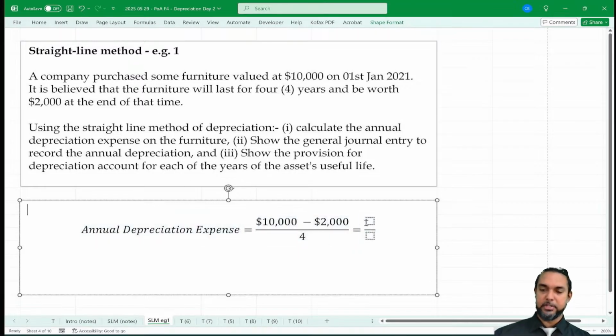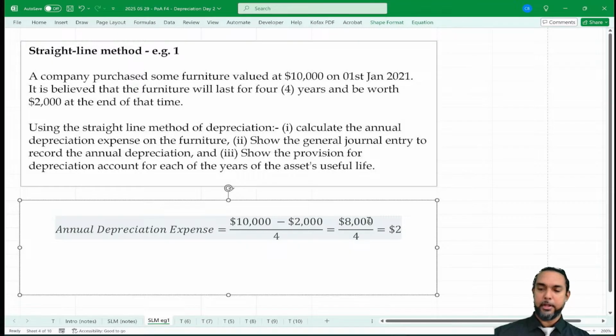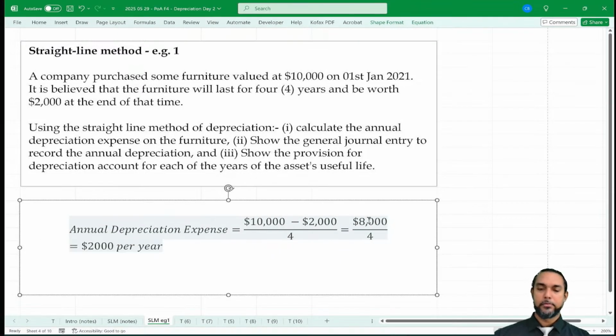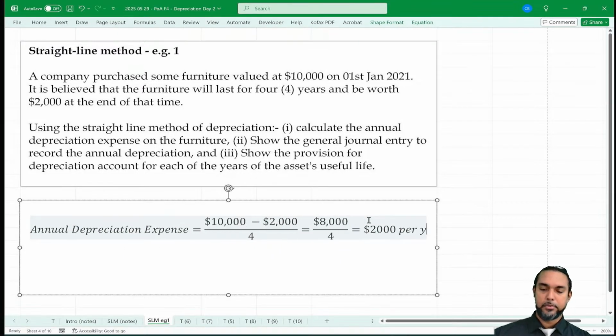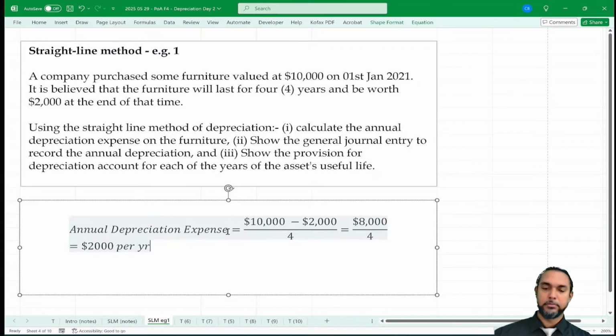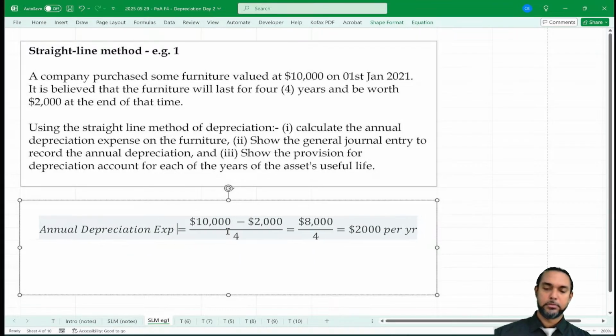So 10 minus 2 will give us 8,000, divided by 4 will then give us 2,000 per year. So that is the calculation using the straight line method.